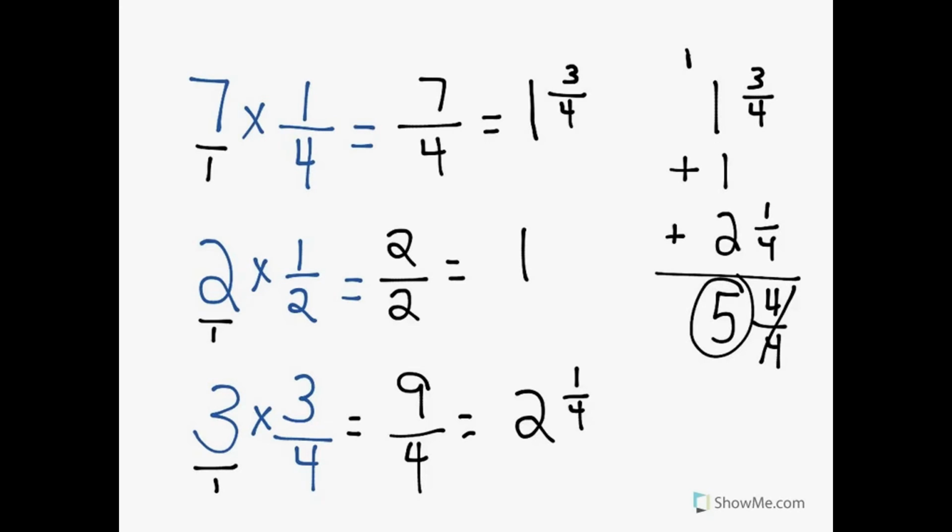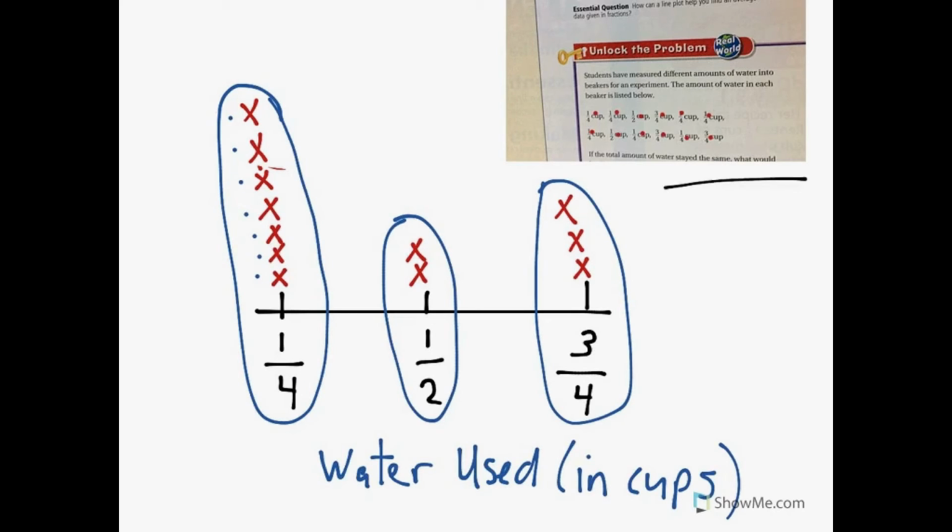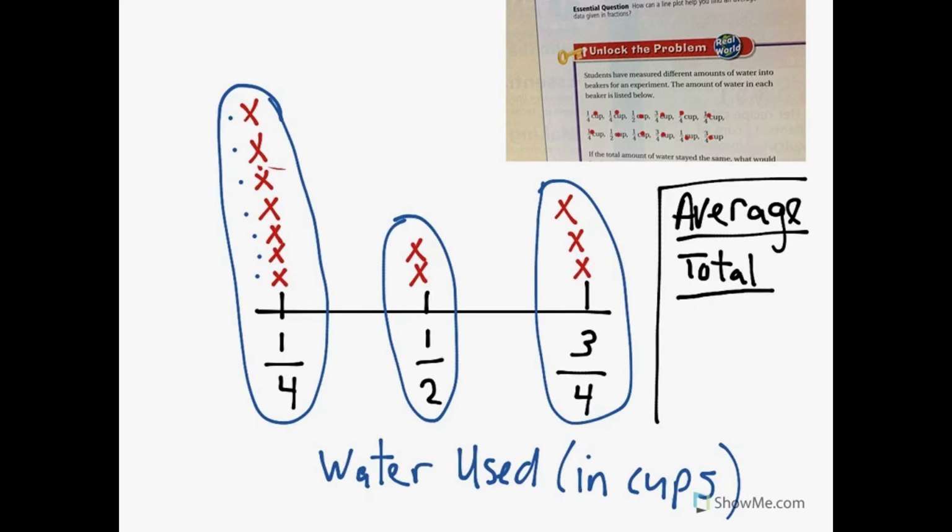So now your last step is to find the average amount of water in cups between everything. I'm going to go back to my original problem. If I'm going to find the average, you take your total over, so it's what are you sharing over how many?